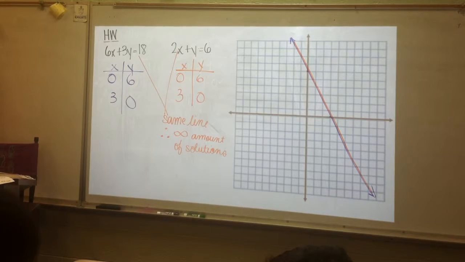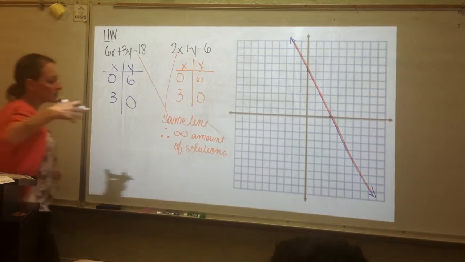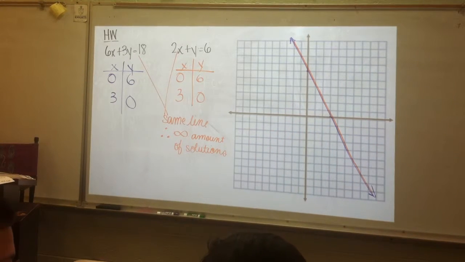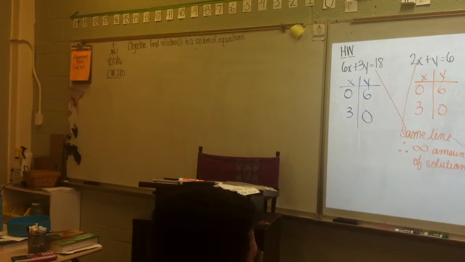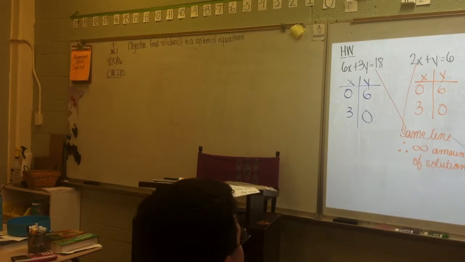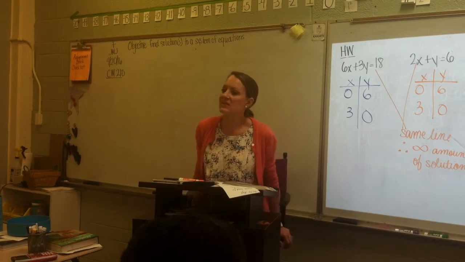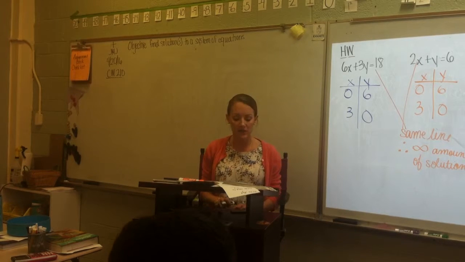Remember, we defined a system of equations as 2 equations together. So we're trying to find which numbers make both statements true. We started that yesterday. So, carrying on from yesterday, we're on the class exercises 5, 6, and 7 on page 326.